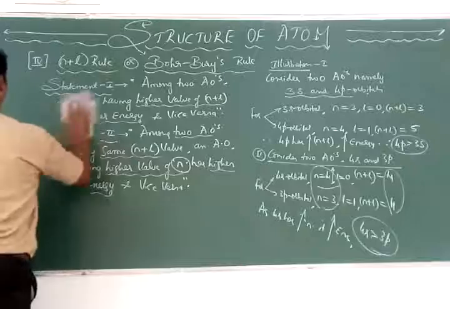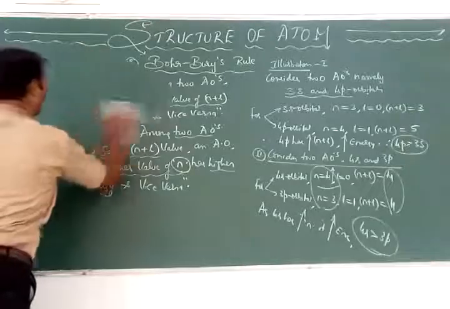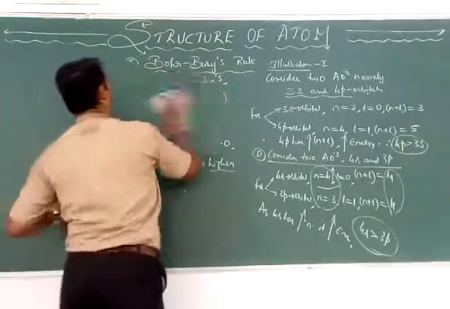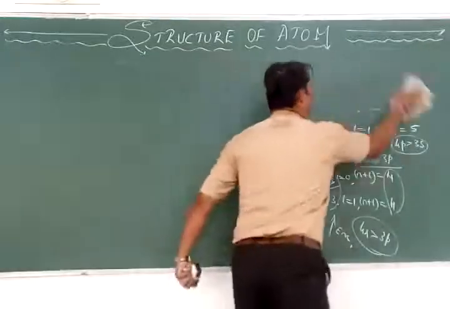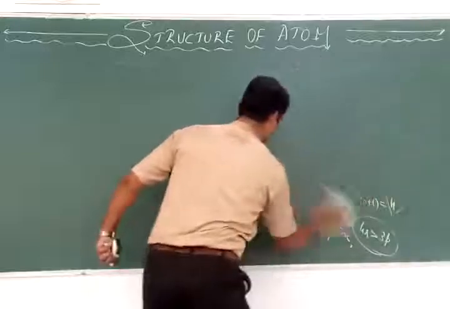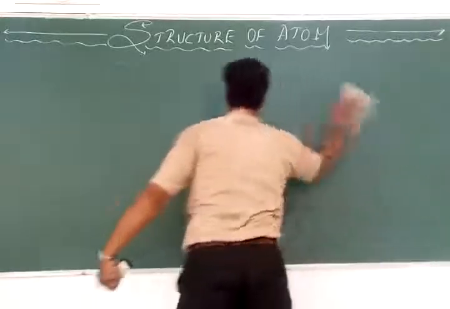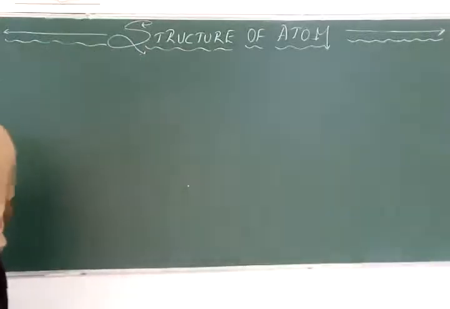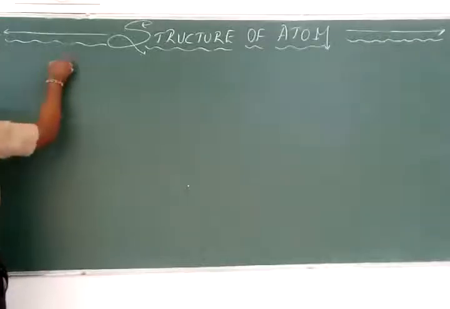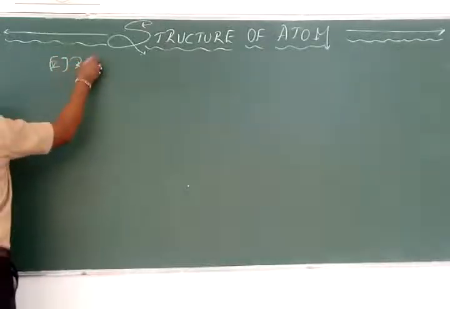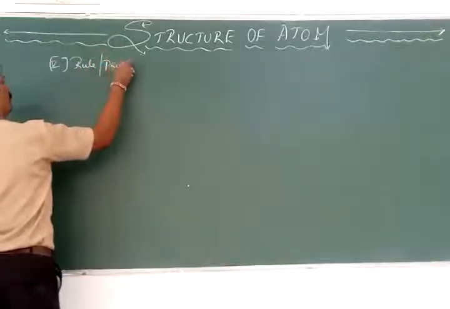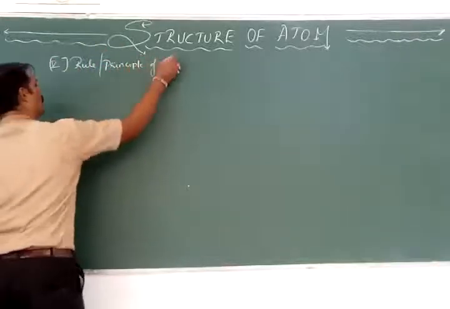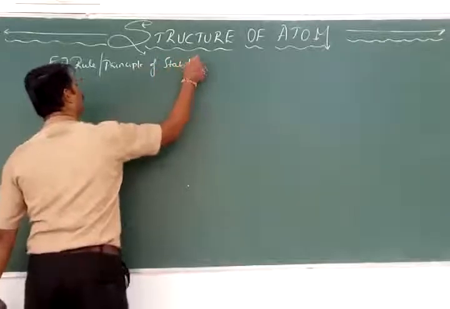Okay. So next we are left with the last one, the last rule. The fifth one is the principle of stability of an atom.